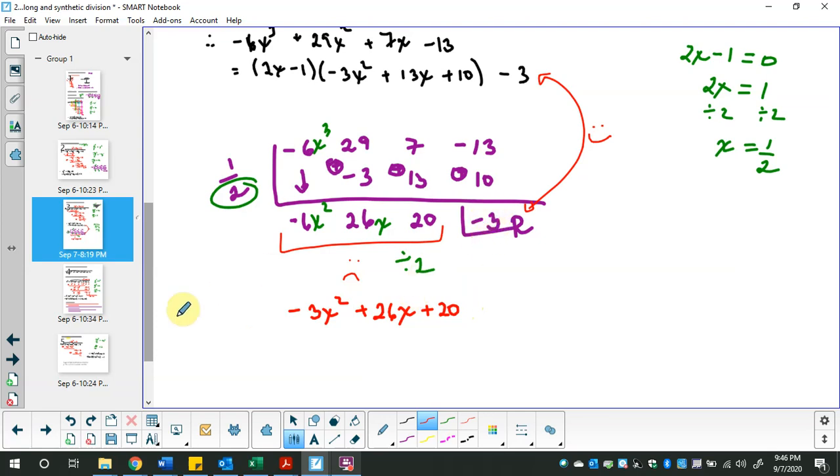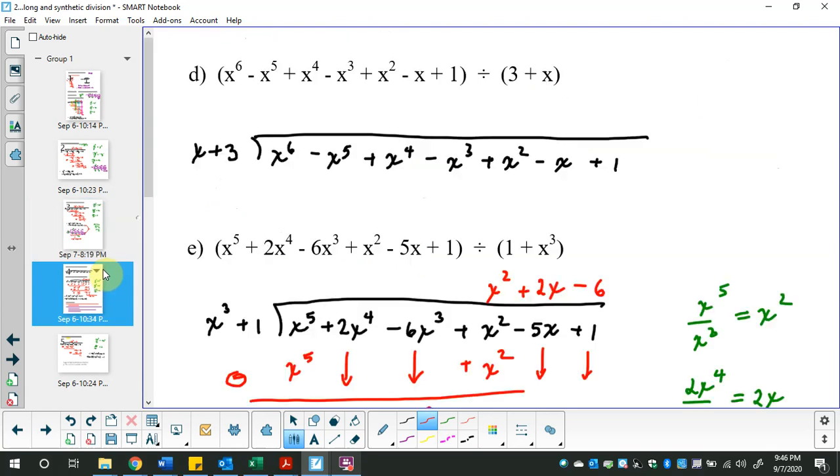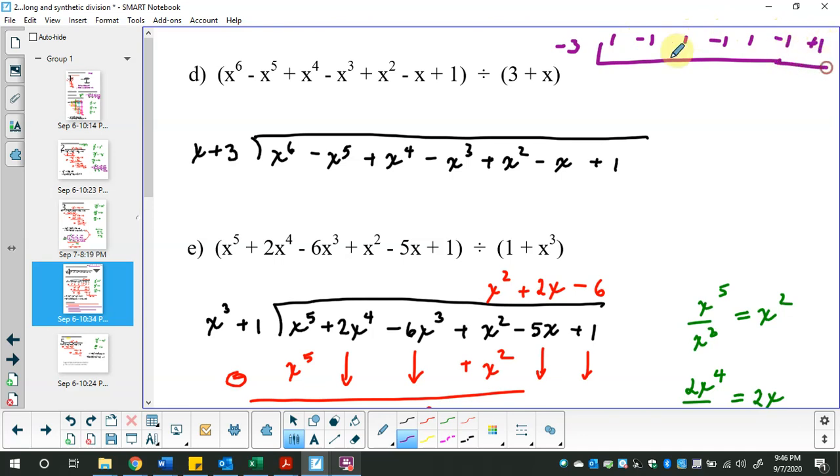It's just fine. So we have two last questions to look at. We could do this question by synthetic division if we wanted to. I mean, I don't have anything to compare it to, but it is possible. We could, if we wanted to, put -3 out here, and then 1x to the 6, -1x to the 5, +1x to the 4, -1x to the 3, +1x squared, -1x, +1 as your constant.